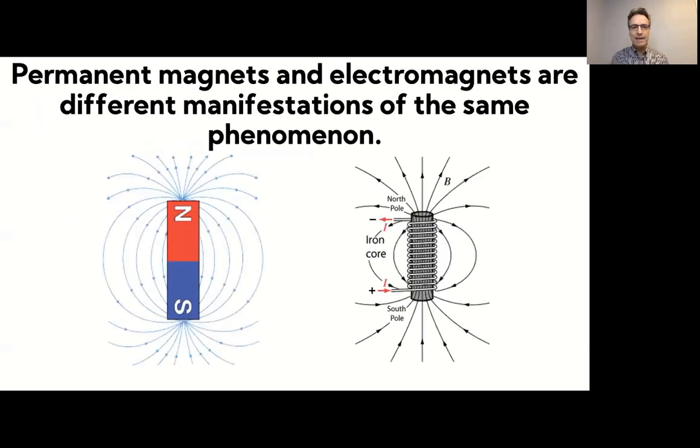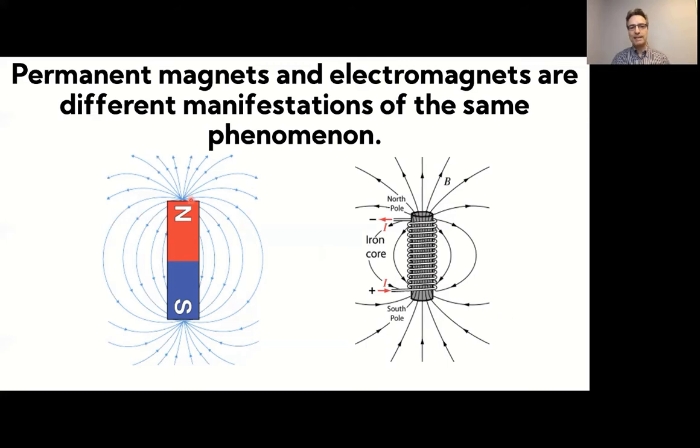To get to that point, I thought I'd do this step by step, taking first a big step back. We've said before that permanent magnets and electromagnets are essentially the same sort of phenomenon. In permanent magnets, we have north and south poles. And in solenoids, when we generate electromagnets, we also have north and south poles. So when we say that a field points in a certain direction, like the field points up here, we're essentially saying the field points from the north pole to the south pole.